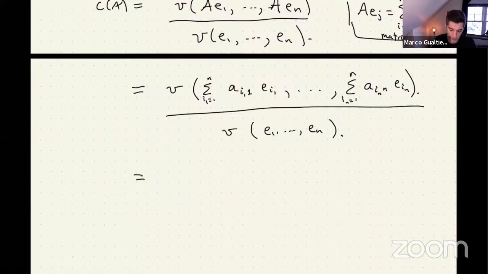And then we can compare with our previous descriptions, and this is the determinant of the matrix Aij.